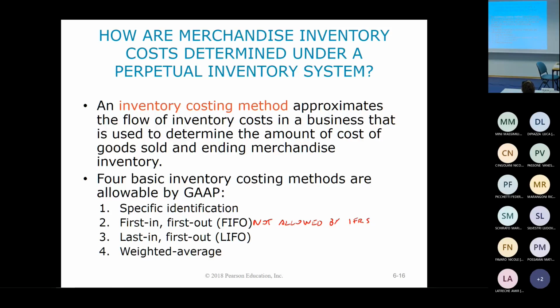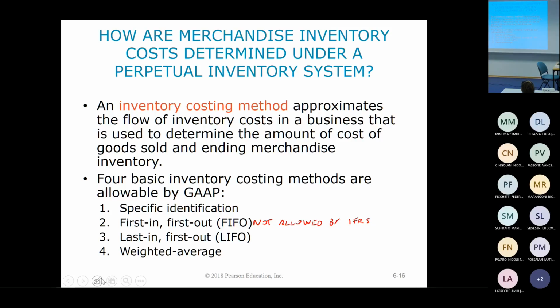The reason why the international standards don't like LIFO is because it's not realistic. It's not realistic that you actually sell the oldest units first. However, it has great benefits in case of inflation. So it's very common for this reason, because it produces a more realistic figure for your net income in case of inflation, as we'll see in a moment.